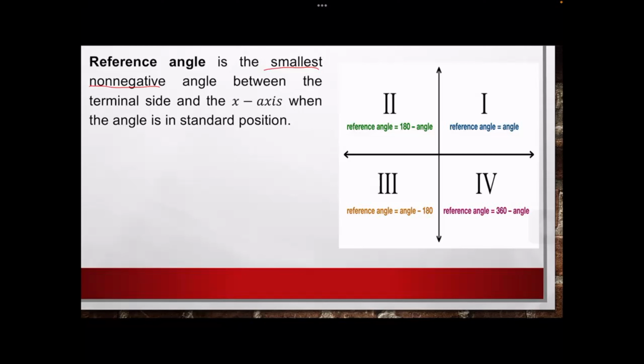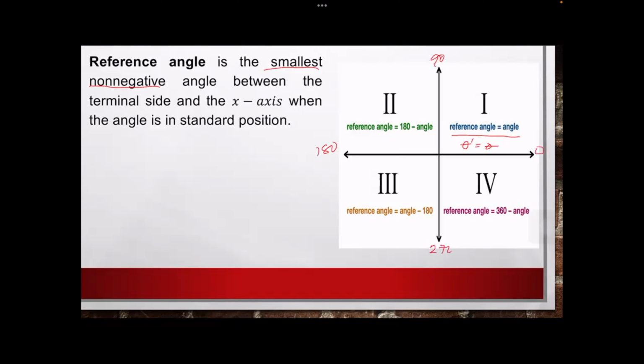positive. So, kapag you remember the quadrant, so we have here the quadrant 1, 2, 3, and 4. Familiar naman kayo dito. For quadrant 1, the reference angle is the given angle itself. Kasi, ito ay from 0, 90, 180, and 270.